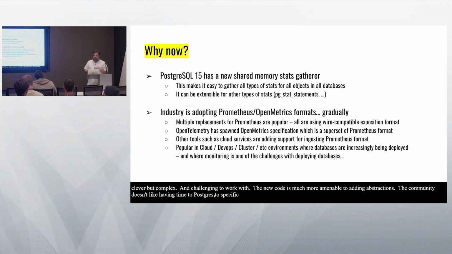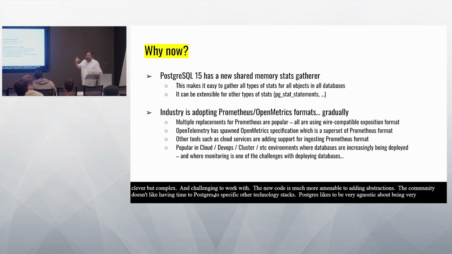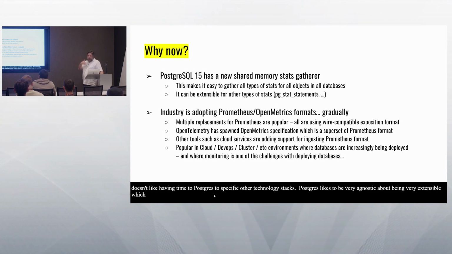Postgres likes to be very extensible and very agnostic about which technology stack it integrates into. That's worked well for Postgres over its history. It's meant that it's been very agile at moving to new contexts.